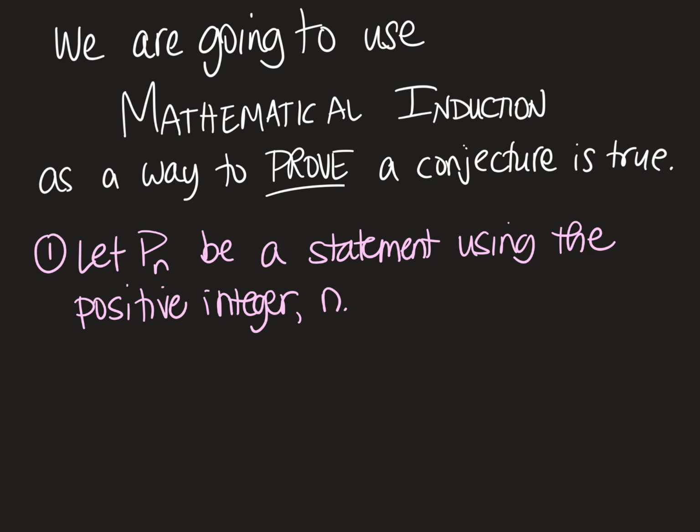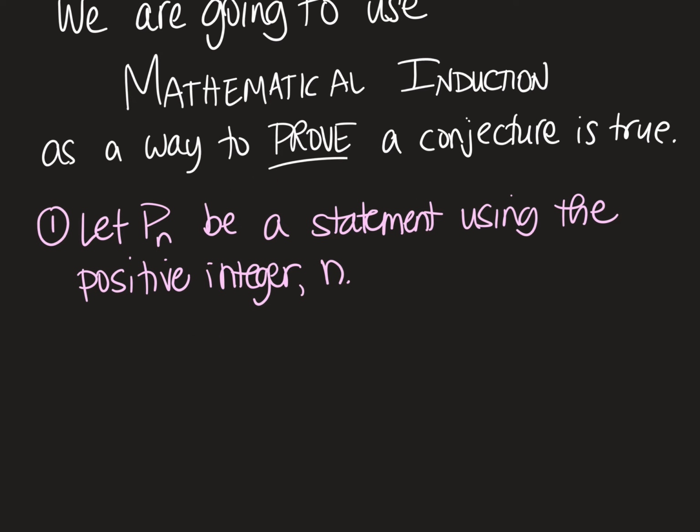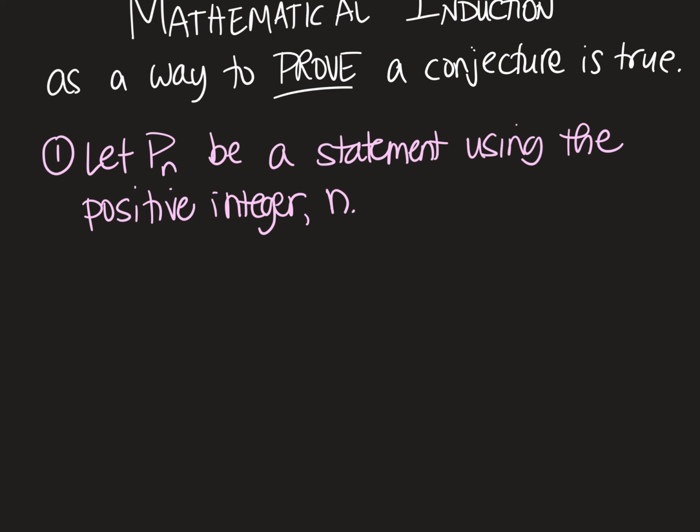I wrote a very important thing there, that idea of a positive integer. That means that n can't be something like 3.7 or -5. It has to be a positive integer, so something like 1, 2, 3, 4, 5, 6, 7, and so on.